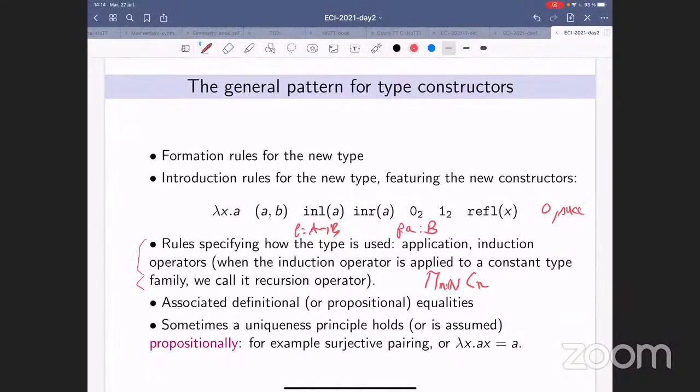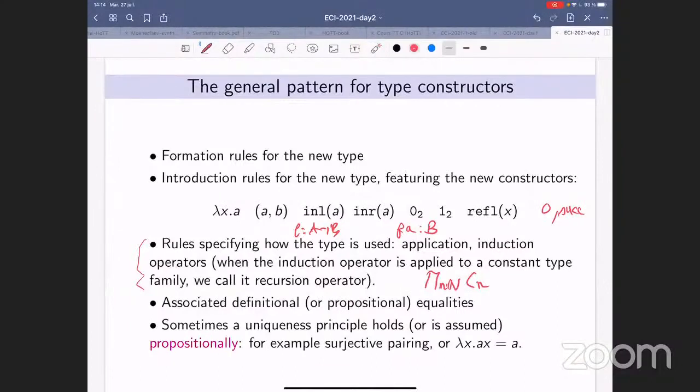And then sometimes a uniqueness principle holds, like the eta rule of the lambda calculus. I don't know if I mentioned it last time, but this is the eta rule. Remember, the beta rule is the main rule.